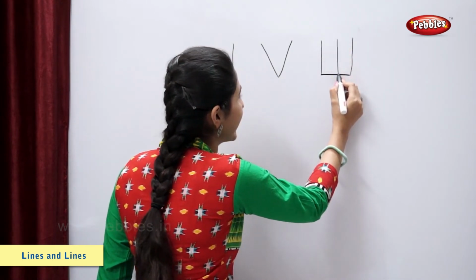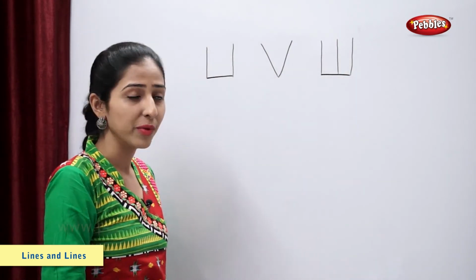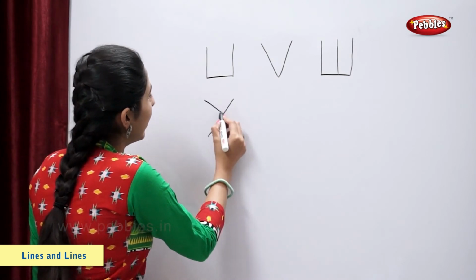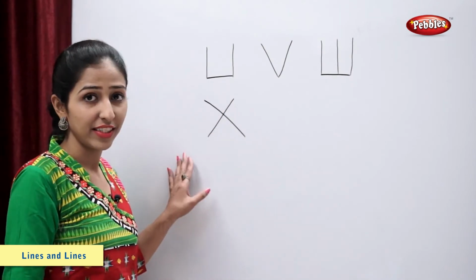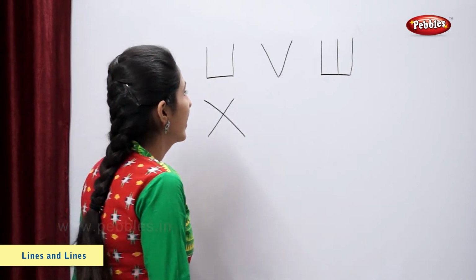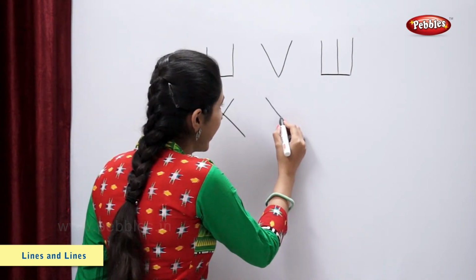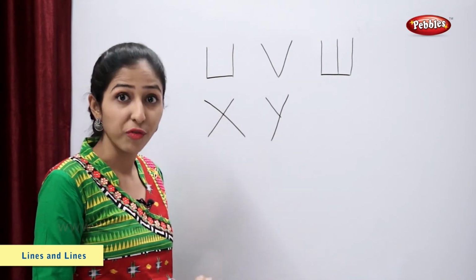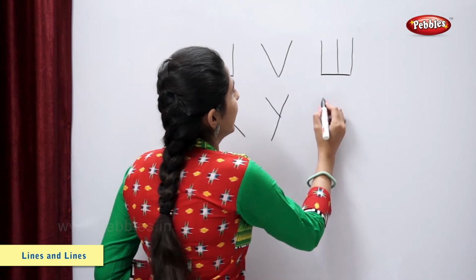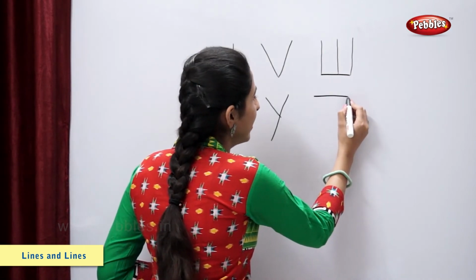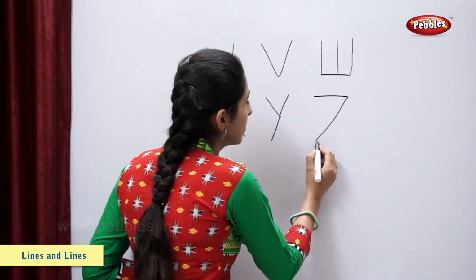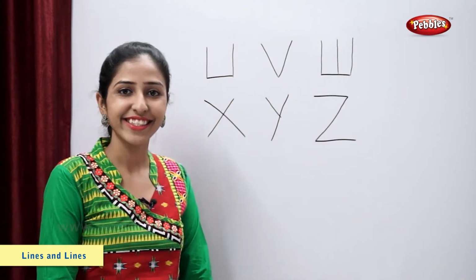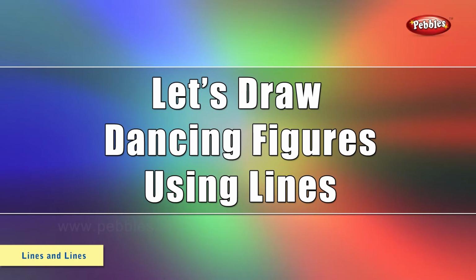One more standing line. Letter W. Slanting line. Another slanting line. Letter X. Slanting line. Another slanting line. Letter Y. Sleeping line. Slanting line. One more sleeping line. Letter Z.